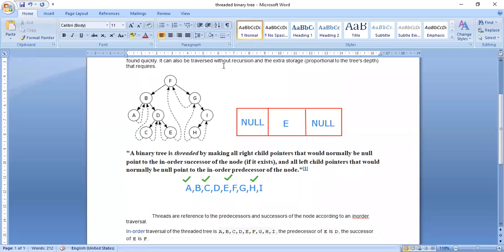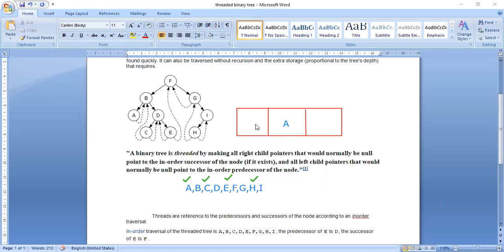First consider A. What is the address? In a general binary tree, left null will be there, right null will be there.